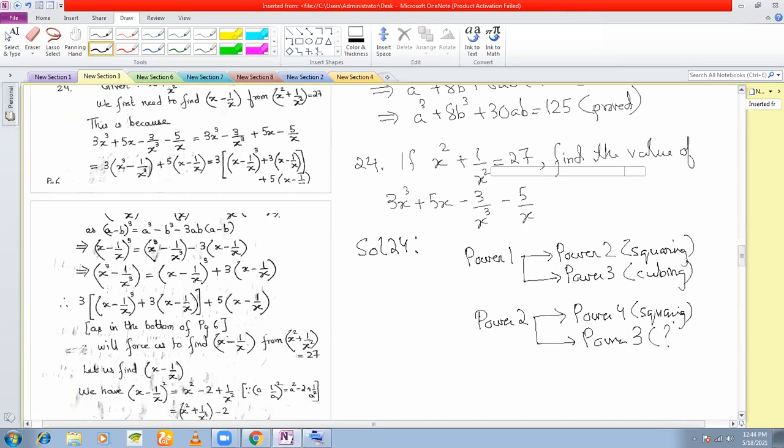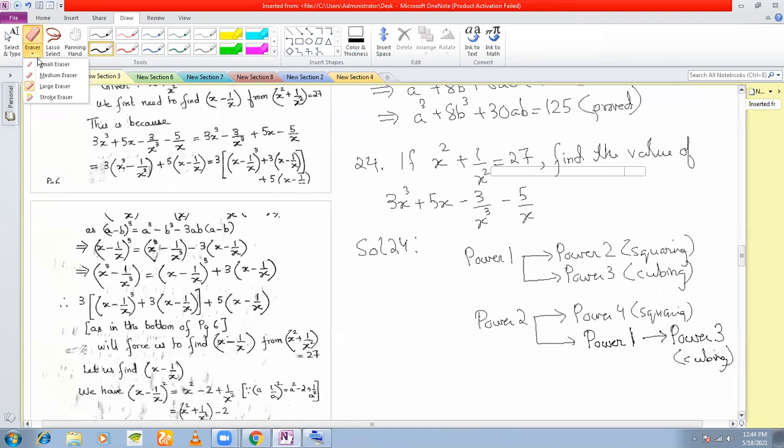In fact, what you need to do here is, in order to move from power 2 to power 3, first of all, you need to move to power 1. From power 2, you need to move to power 1. And then from here, you can move to power 3 by cubing. Is that clear? This concept?